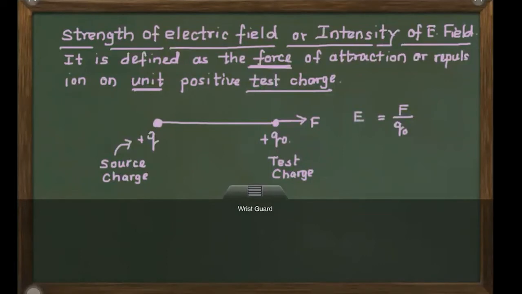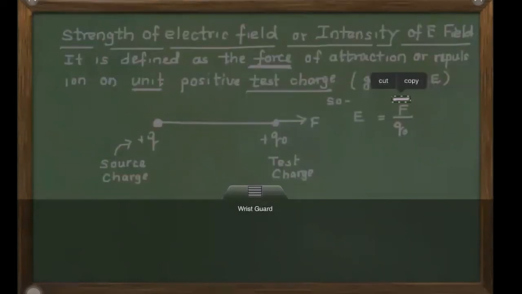The symbol of electric field intensity is E. So E is equal to F upon Q naught. You all are aware that force is a vector quantity.